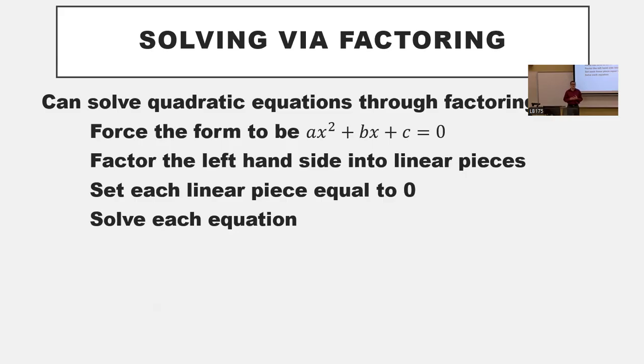If I have 2 numbers that multiply to 0, then one of them has to be 0. So what I can do, after I factor the left-hand side into 2 linear pieces, I can set each linear piece equal to 0. And then solve each equation.